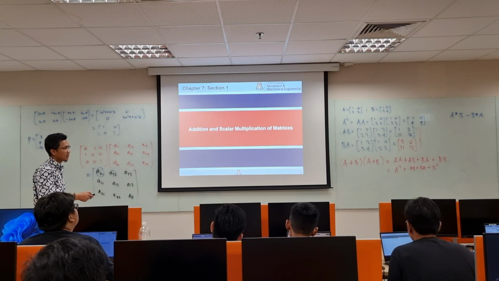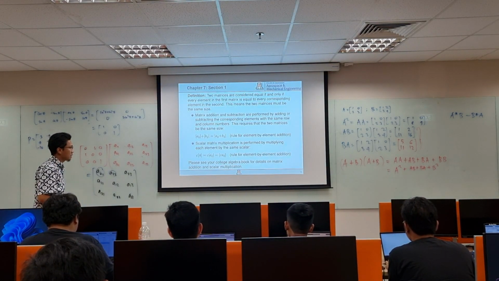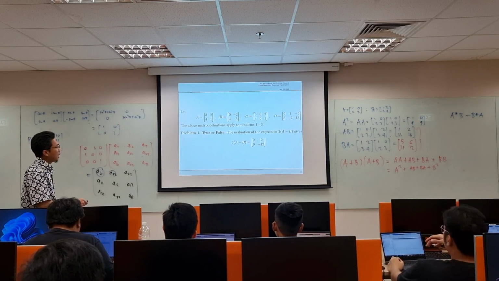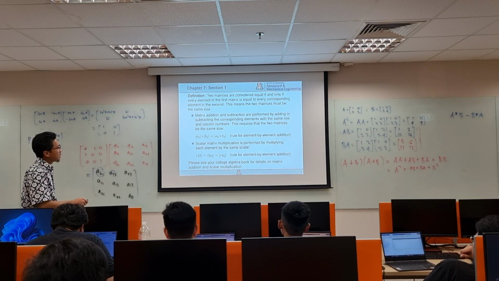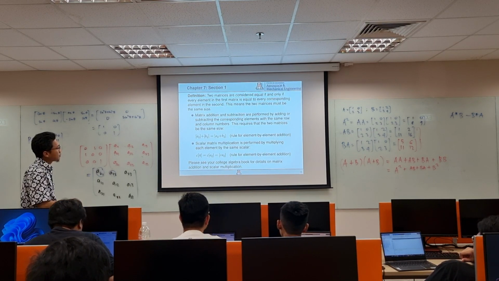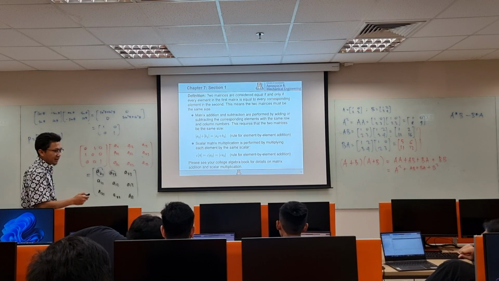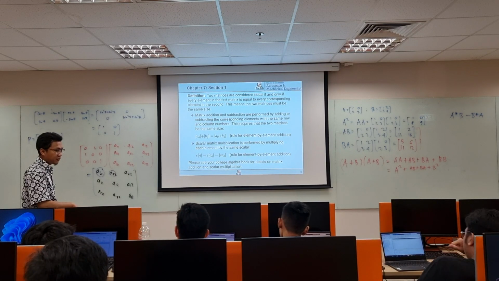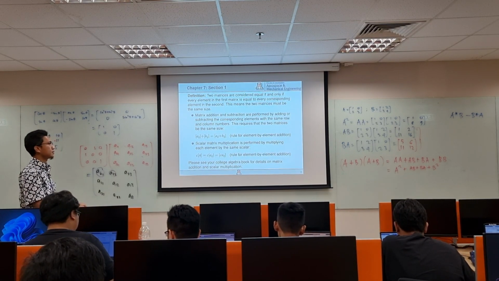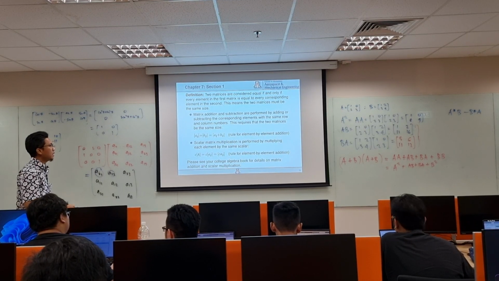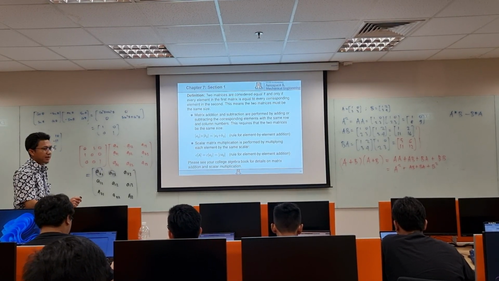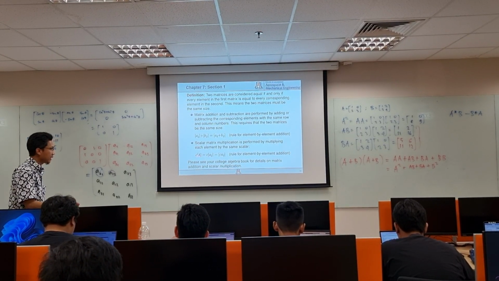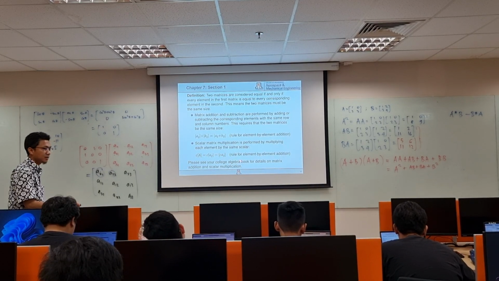We discussed this a lot, so we don't have to discuss it again. However, the main thing that we want to say here is that if you want to add matrices, they have to be the same size. And if you multiply a matrix by a scalar, then all of the elements in that matrix are multiplied by that scalar.